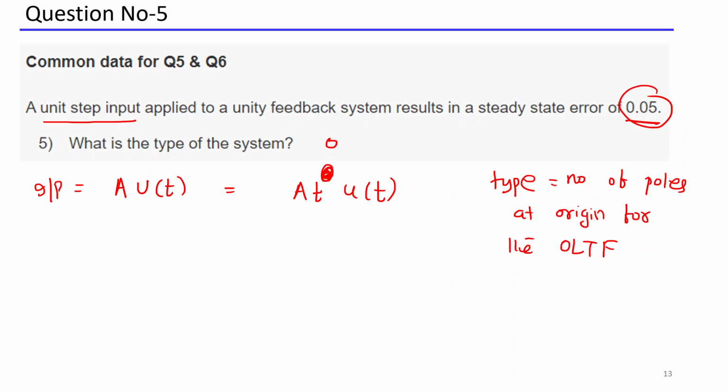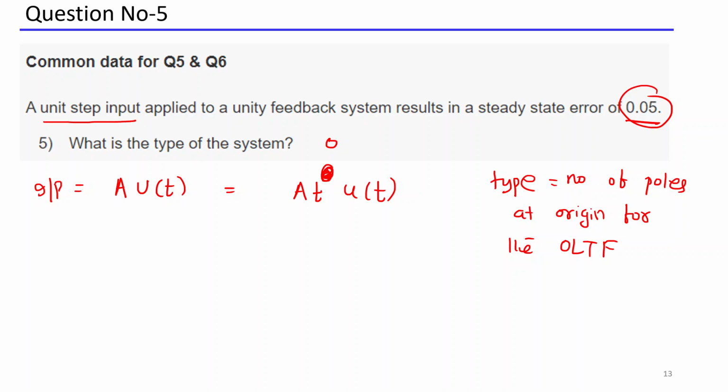Yes, sir. That steady state error I'm finding out for a closed loop system, which is a unity feedback system, but not by solving the closed loop system, only by taking the open loop transfer function. I am just checking that the feedback system should be a unity feedback system. I have no need to solve the closed loop transfer function. I am just taking my open loop transfer function and solving the question.